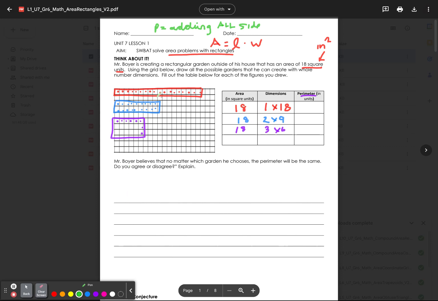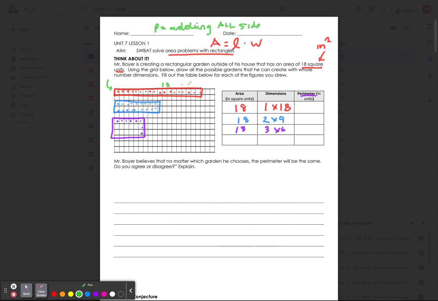So when we look at our first rectangular garden, 18 would be the length here. This would be 1, and then this side would also be 18. So we have 18 plus 1, 18 plus 1, and that would give us a total of 38 units. What about the second one?